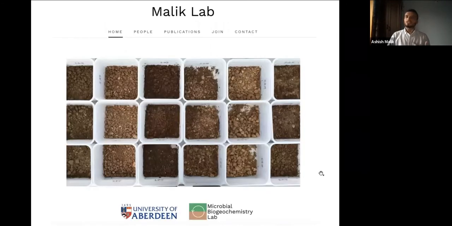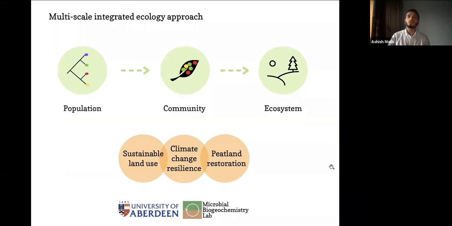So with that, I'd just like to highlight some of the work we now do at the University of Aberdeen at the newly established Microbial Biogeochemistry Lab. We continue to look at microbial traits, or the ecophysiology of microbes, with a particular focus on soil carbon cycling.